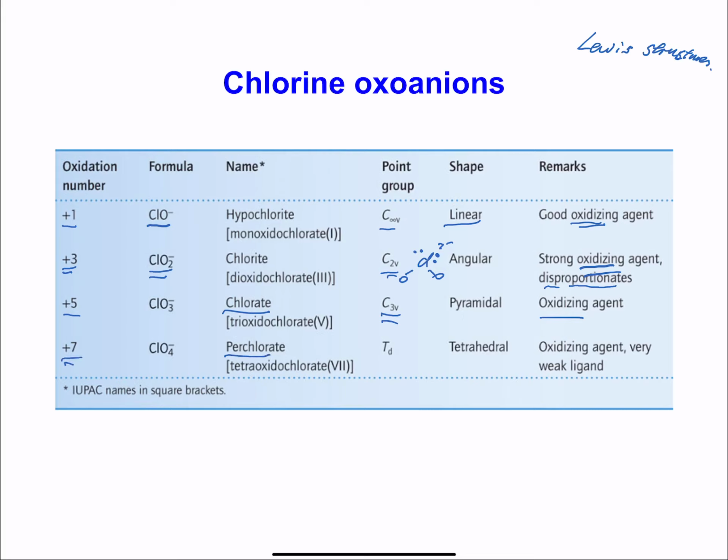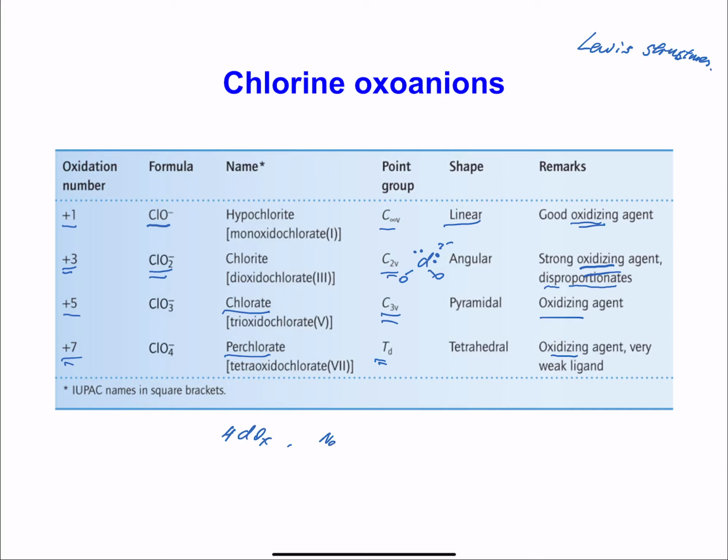I'm not sure about the disproportionation, but I can answer the question if someone asks. When you go to +5, you have chlorate, which is C3V, and that's also an oxidizing agent. At +7 we get the most common chlorine oxo anion, perchlorate.